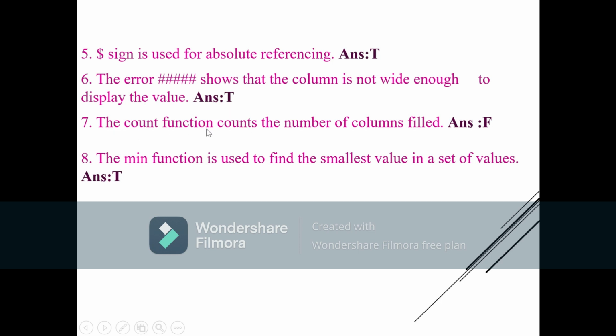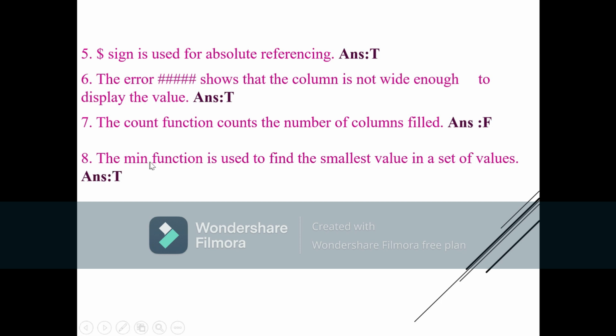Then the count function. What's the use of this one? Counts the number of columns. No, that's wrong. It counts the number of cells which we have given as input. False.